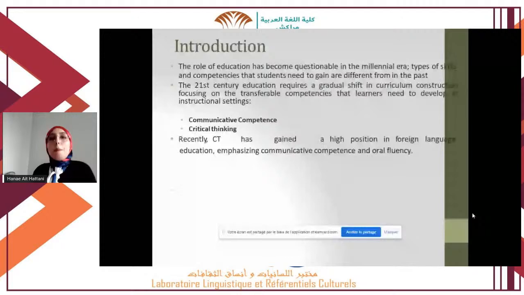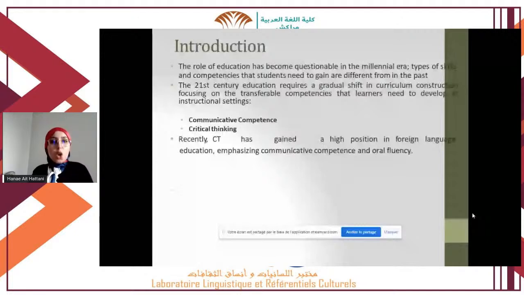The purpose of the study is to investigate the relationship between communicative language teaching and critical thinking within the EFL context, using debate as an example. Specifically, this work seeks to answer the following research questions. To what extent does the incorporation of debate as a communicative language teaching activity develop learners' critical thinking skills?